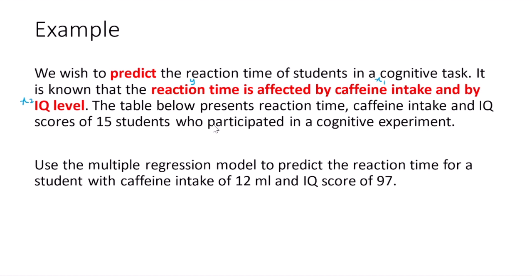The table below presents reaction time, caffeine intake, and IQ scores of 15 students who participated in a cognitive experiment. Use the multiple linear regression model to predict the reaction time for a student with caffeine intake of 12 milliliters and IQ score of 97. Let's have a look at the data.